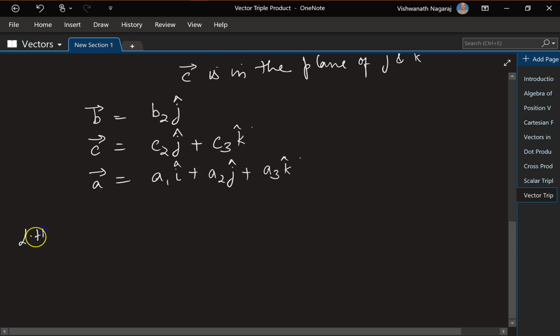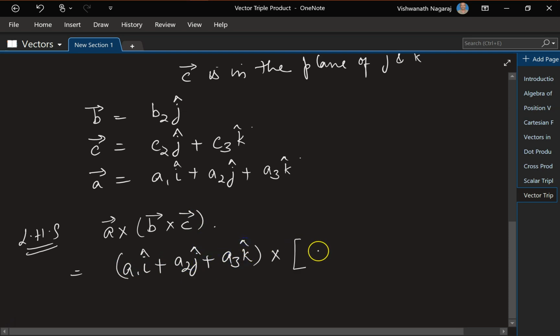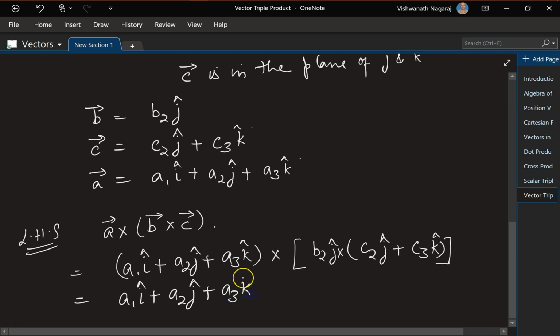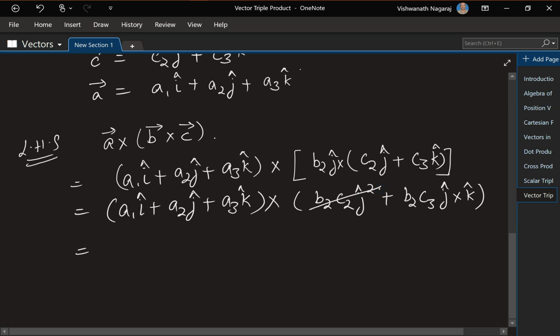Let's look at LHS. A cross B cross C. Now A is A1 I plus A2 J plus A3 K cross B. Vector B is B2 J cross C2 J plus C3 K. A1 I plus A2 J plus A3 K cross B2 C2 J square plus B2 C3 J cross K. J square is 0 in case of cross products.